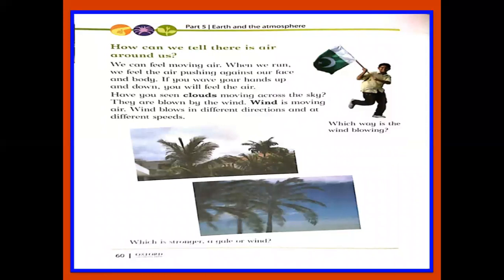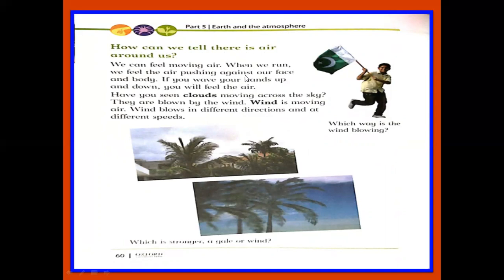Now the next page is page number 60. Look at this page. How can we tell there is air around us? We can feel moving air. When we run, we feel the air pushing against our face and body.